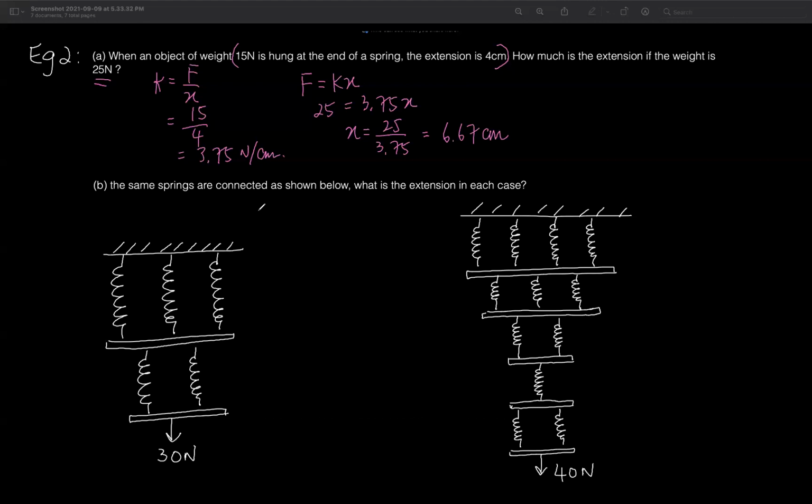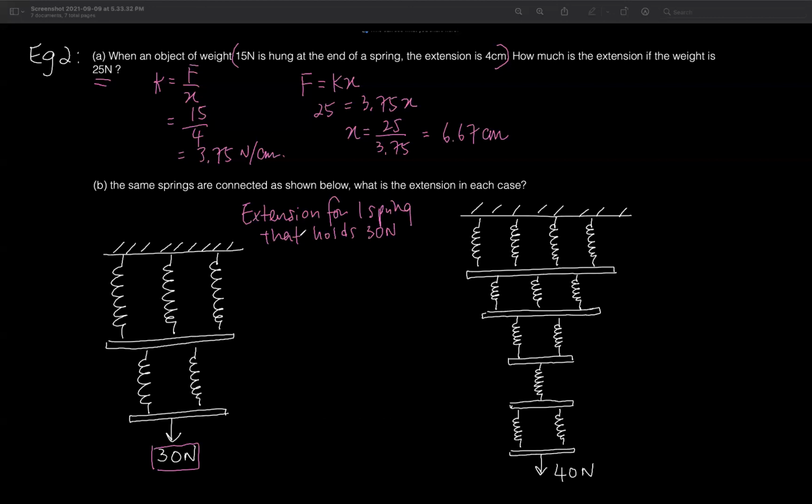Okay, remember our method. First, we find the extension for one spring that holds 30 Newton. Okay, we have a force of 30 Newton here.